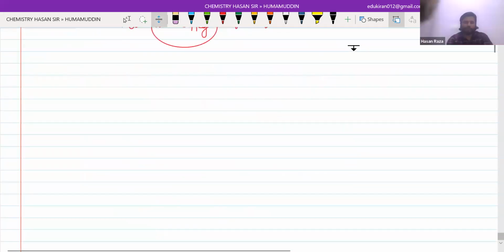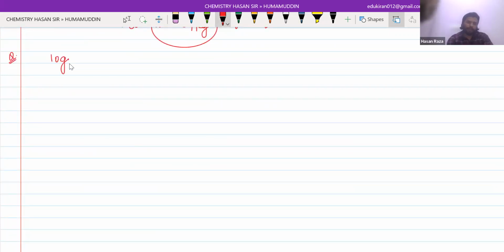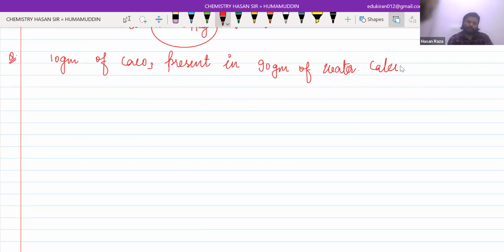Now, 10 gram of CaCO3 present in 90 gram of water. Calculate molality. I think you can do this.